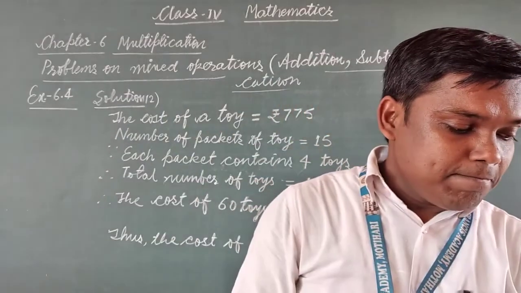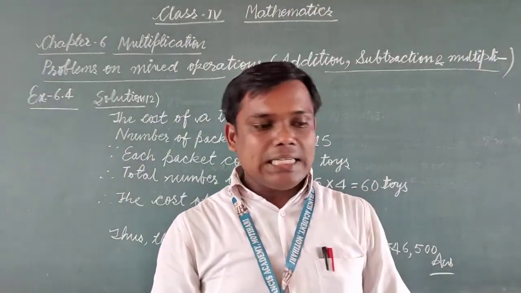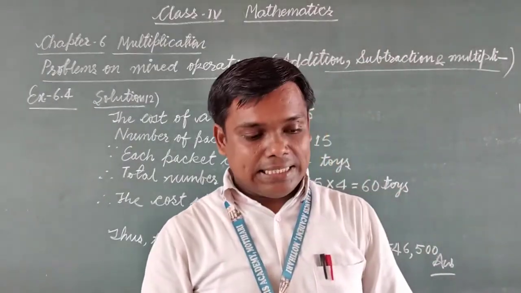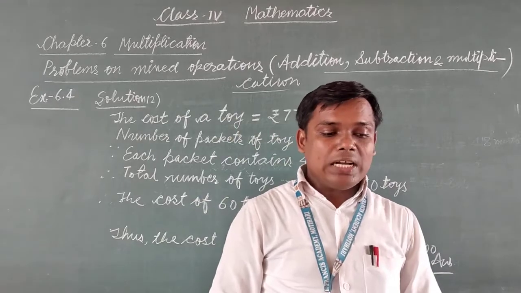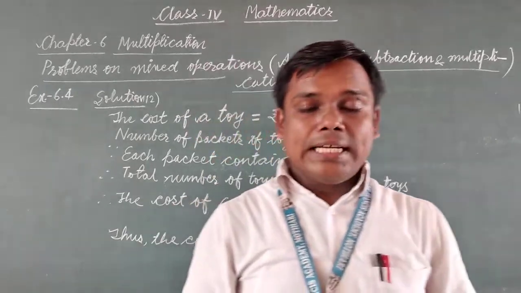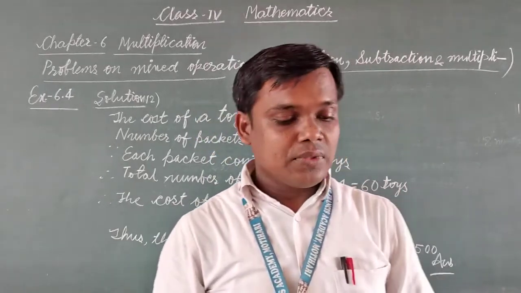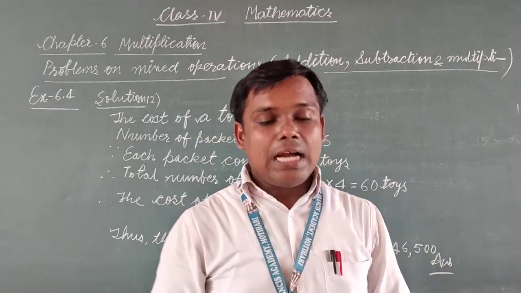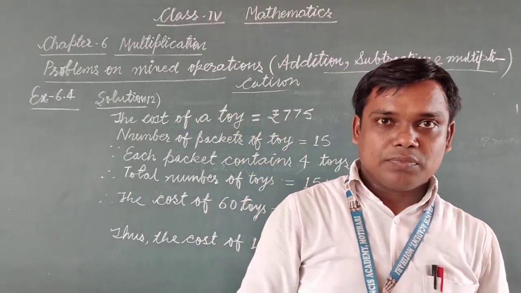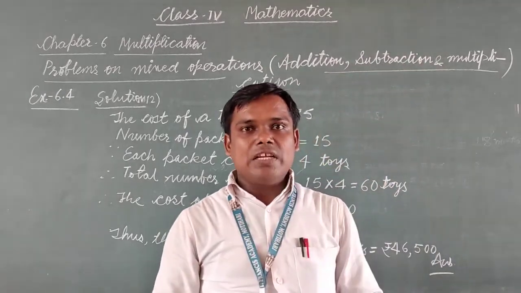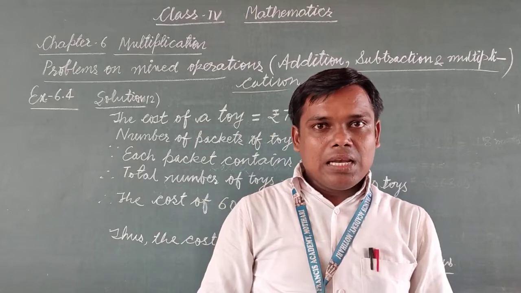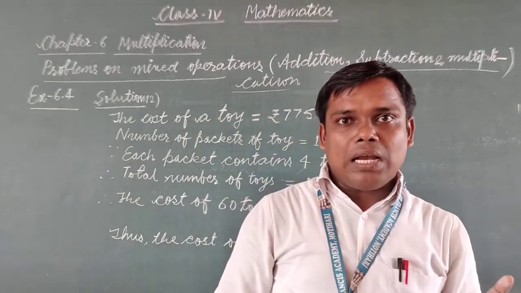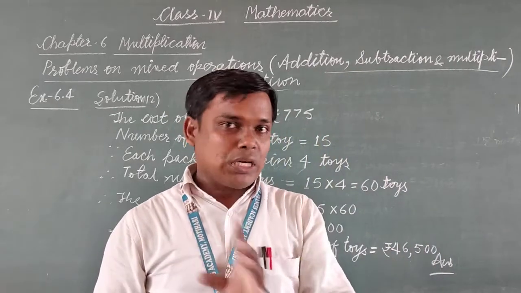Question number 1 is, the cost of 1 kg of apples is rupees 120 and cost of 1 kg of potato is rupees 60. What is the total cost of 5 kg of apples and 12 kg of potatoes? In this question, we are given the weight of apples, weight of potatoes, and price of 1 kg of apples and price of 1 kg of potatoes.